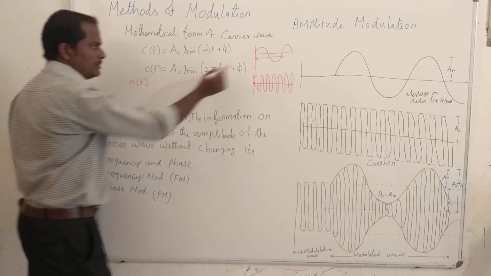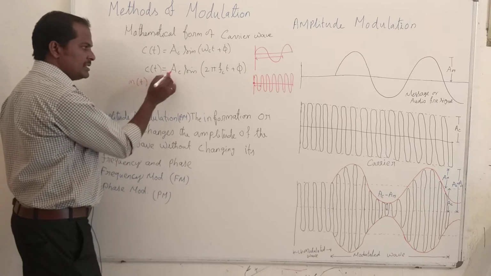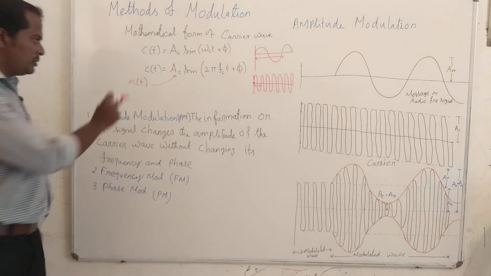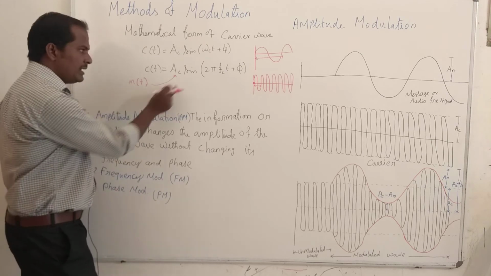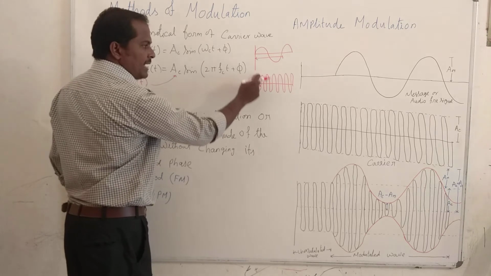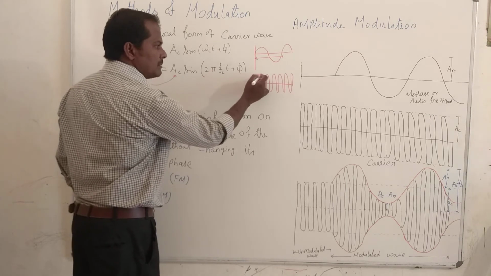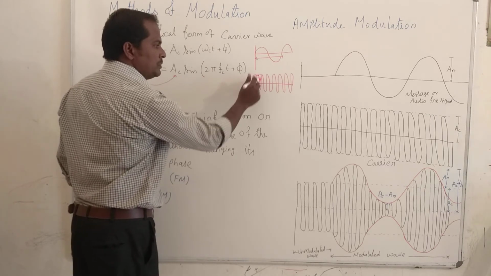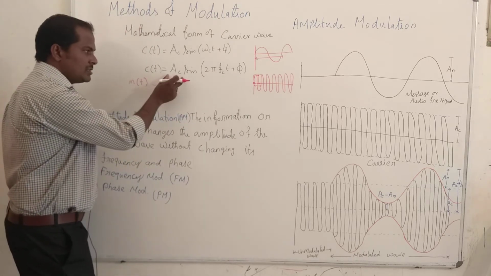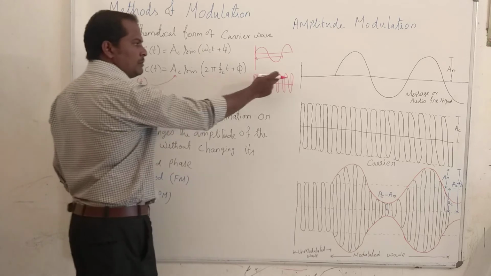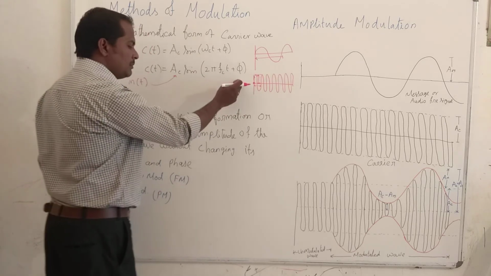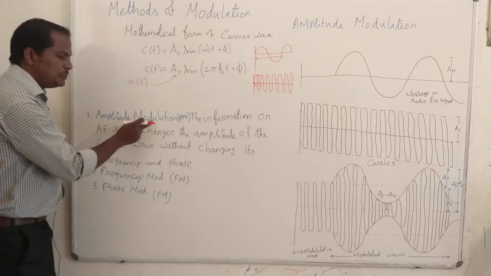Using this message signal, we can adjust or change the amplitude of the carrier wave, which is its maximum amplitude. This type of modulation, where we adjust the amplitude of the carrier wave, is called amplitude modulation.